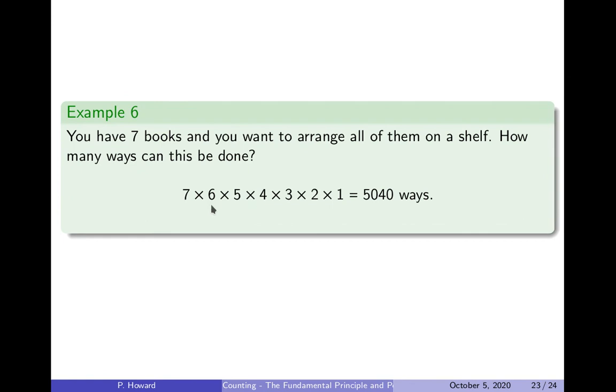We're putting all 7 books on the shelf. 7 times 6 times 5 times 4 times 3 times 2 times 1, 5,040 when you do the multiplying. On a calculator, you could do it as 7 nPr 7, number of permutations of 7 things taken 7 at a time. Or you could do it as 7 factorial.